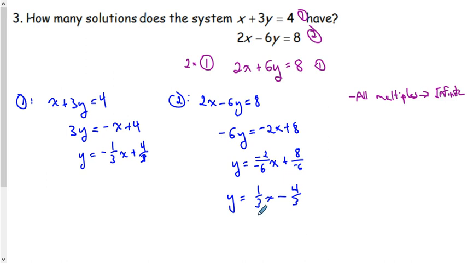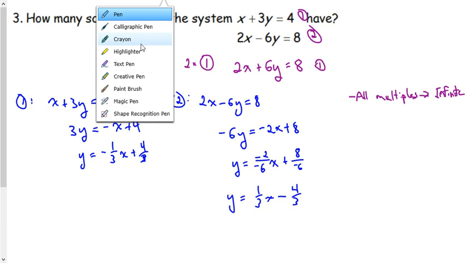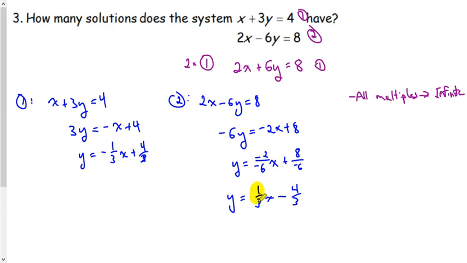Okay, so question is, are these the same? The answer is no, they're not. Their slopes are different. They might look the same, but the signs are different, meaning one is going up, the other's going down. So their slopes are different, therefore they have to intersect somewhere.